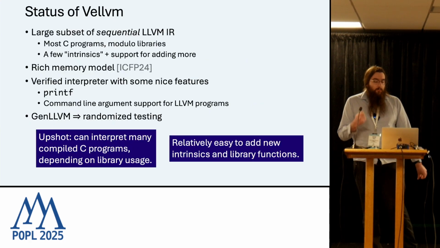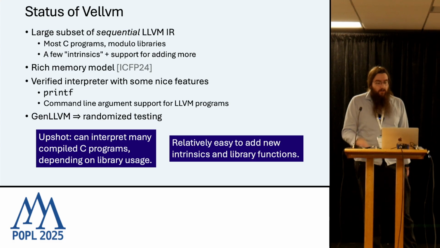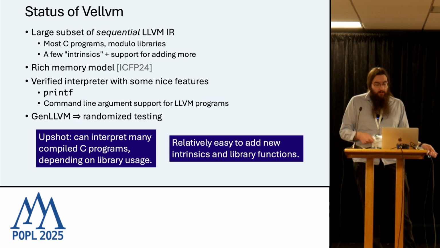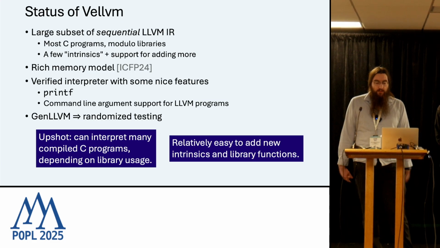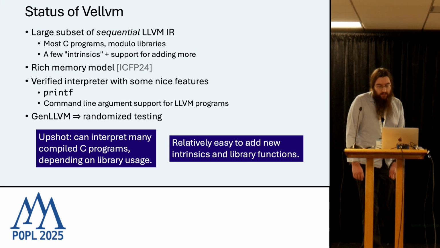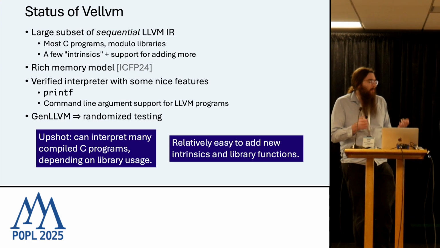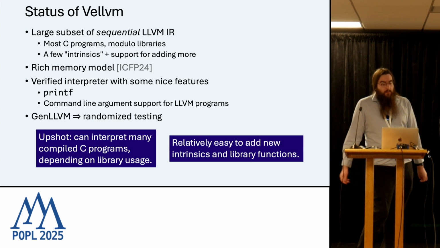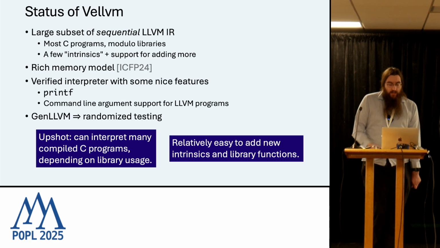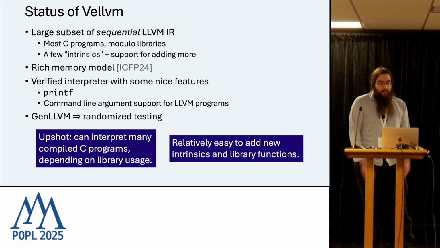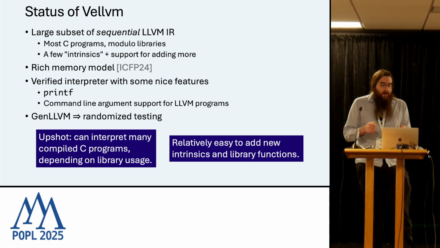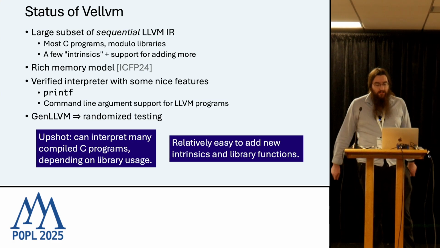So Vellvm currently supports a large subset of the sequential LLVM IR. If you compile a C program to LLVM IR, there's a very good chance that we support all of the LLVM features that it uses, except for some specific library functions like operating system things. Vellvm has a rich memory model that we published at the previous ICFP that should allow us to verify optimization passes, even in the presence of troublesome low-level memory operations like casts between pointers and integers.